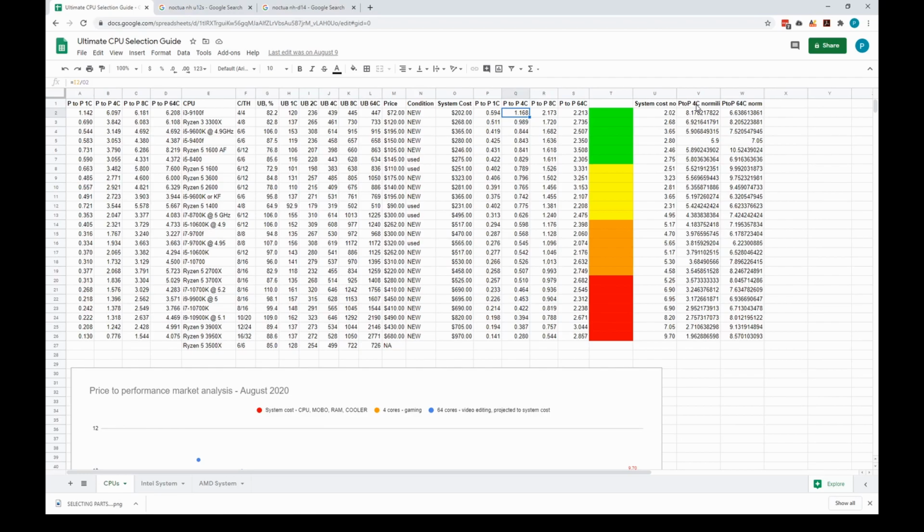I have system cost normalized from 0 to 10, and then price to performance 4 cores normalized from 0 to maybe 9, and then 64 is 0 to 10 as well. So basically all of these numbers are normalized by multiplying by certain factors.